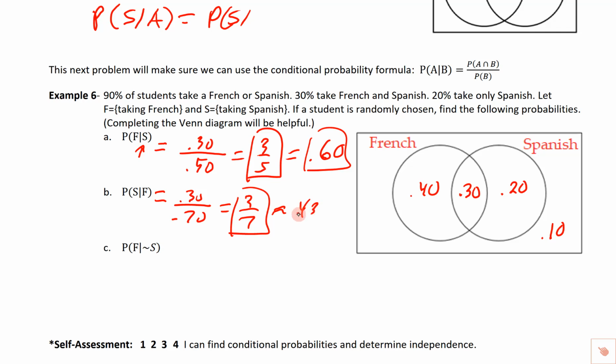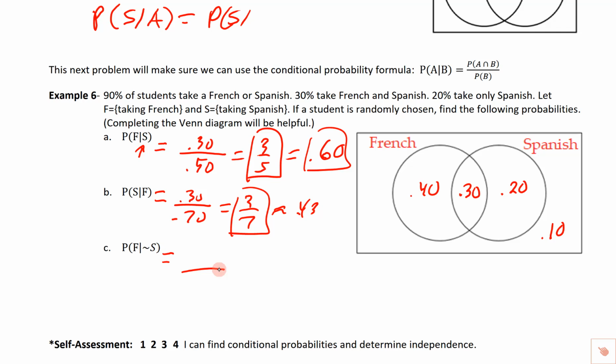All right, next one. Probability French given they're not taking Spanish. Careful with this one. Probability they're taking French given that they're not taking Spanish. We just shrunk the sample space. It's not 100% anymore. Keely?